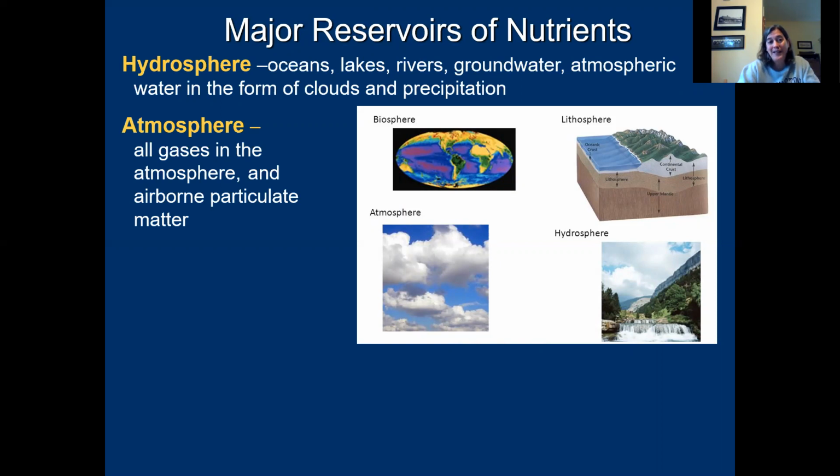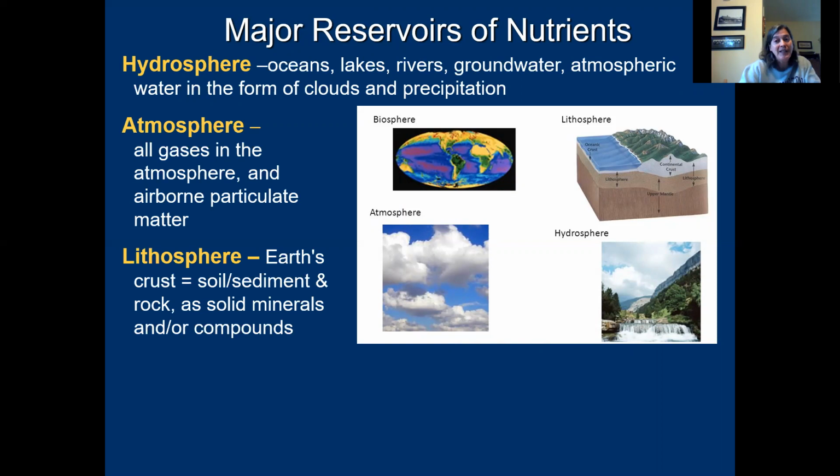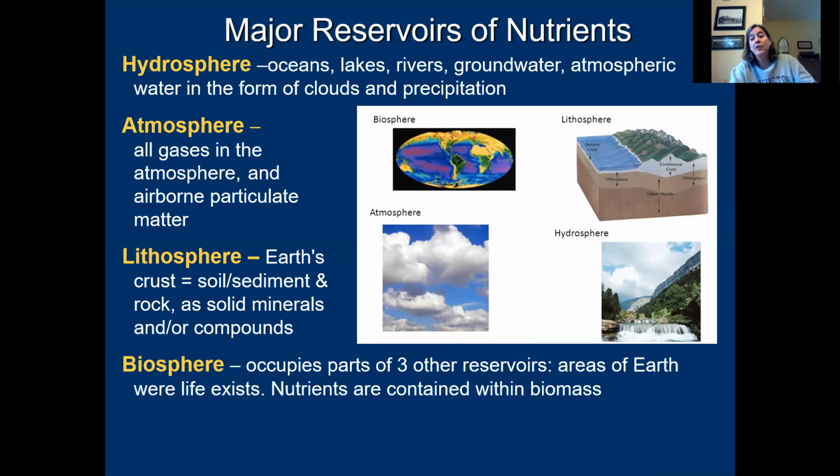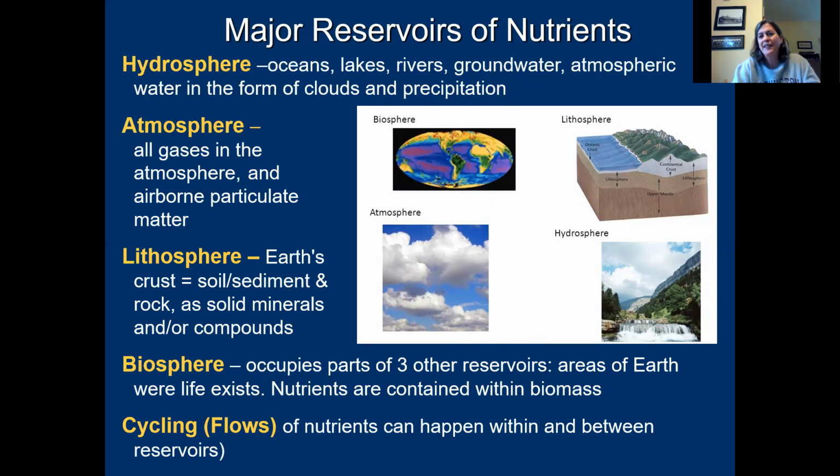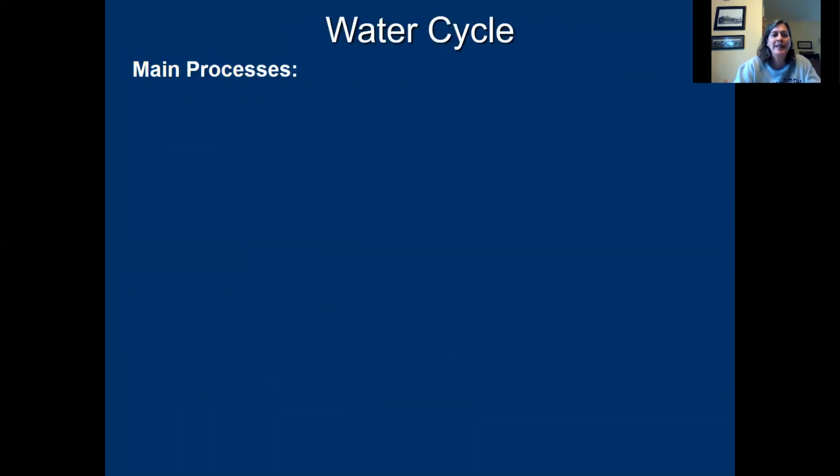That's all the gases in the atmosphere and everything else that might be up there. The lithosphere, where litho means rock, is the Earth's crust and the soil and sediment. Then the biosphere, which is going to cross all those boundaries. We have organisms that live in the rock, and organisms that live in the hydrosphere and the atmosphere. So that crosses over all the other boundaries. And then there are the cycling flows between one and the next.